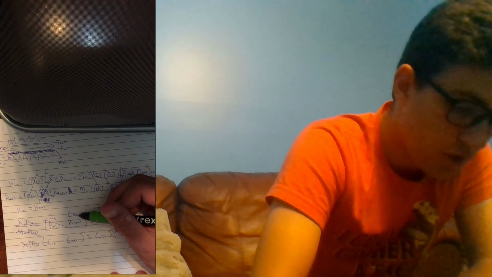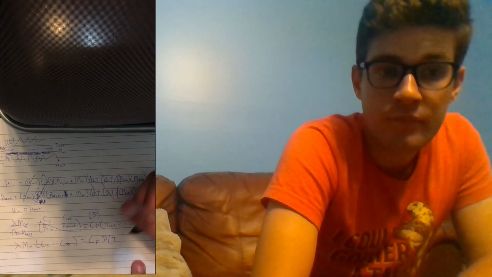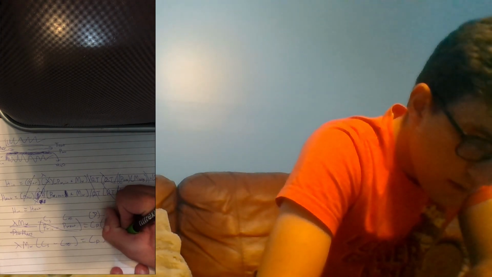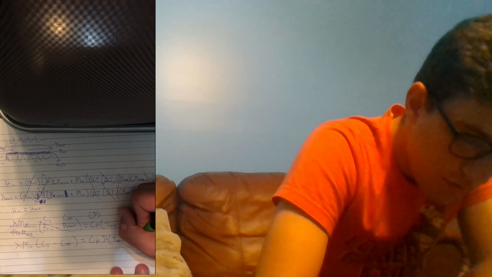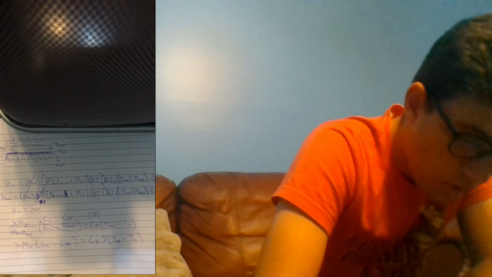Instead of our out and our in, we have the surface and we have far away from the surface. So we need far away from the surface minus at the surface, which would be just water.